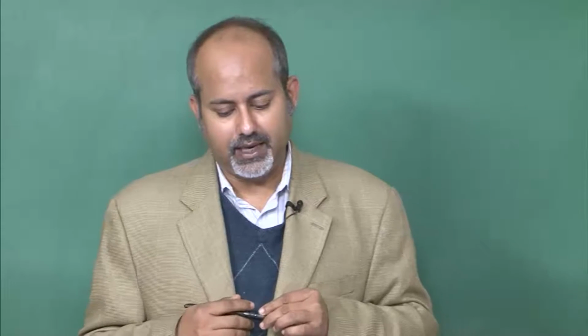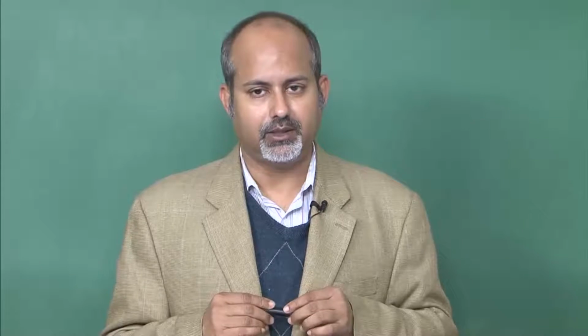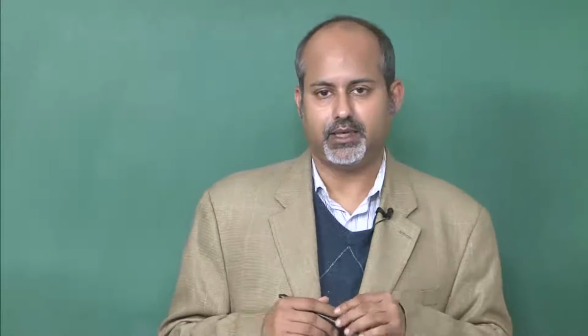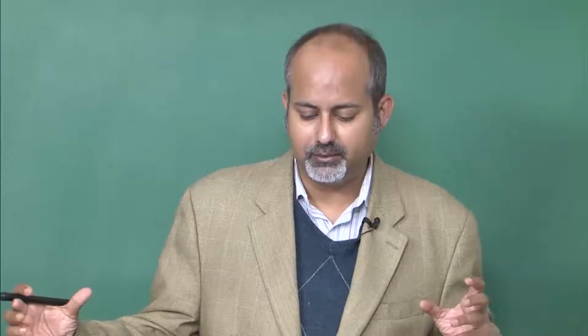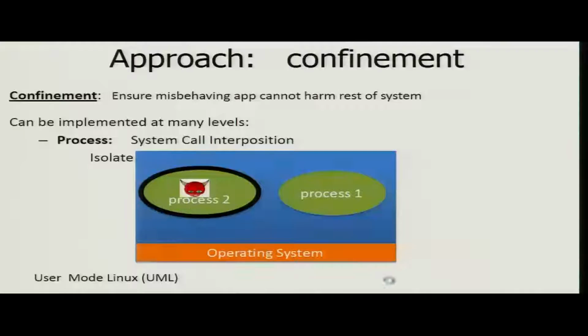Whenever the process tries to do a system call, it is intercepted and some caution is taken in order for this system call to go through, and that gives quite a bit of containment if the process tries to do any harm to the system. So this is one way of doing sandboxing, and this is pretty common nowadays.